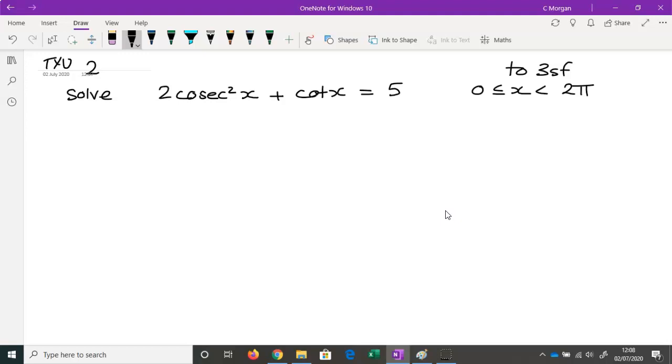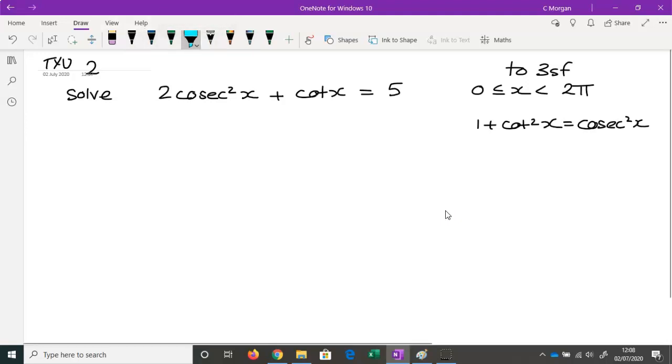Okay, so I think the most important identity I'm going to need here is 1 add cot squared x is cosec squared x. And I can see that I've got a cot x in the equation, so I'd really like to replace the cosec squared x with my 1 add cot squared x.